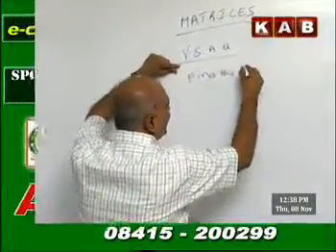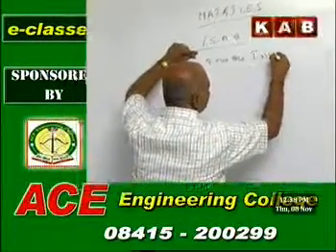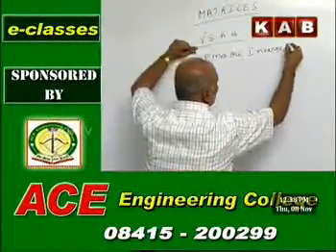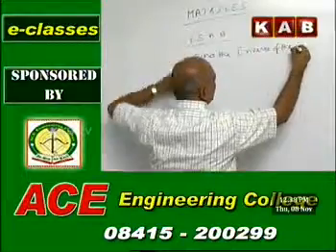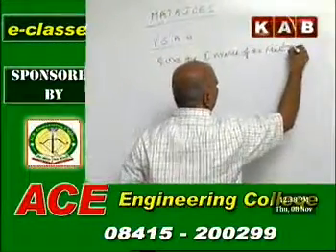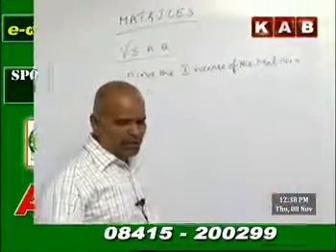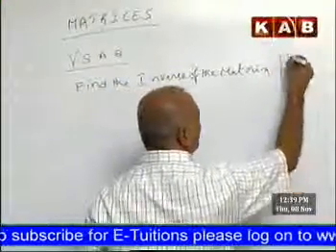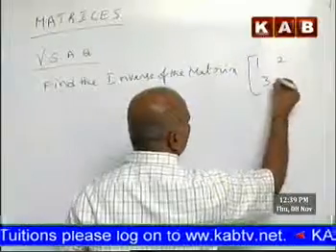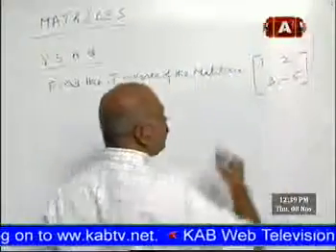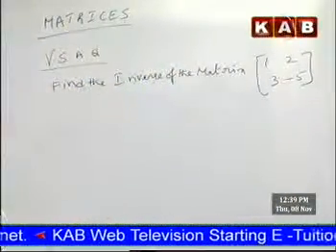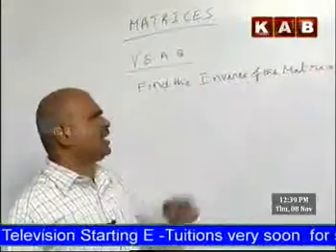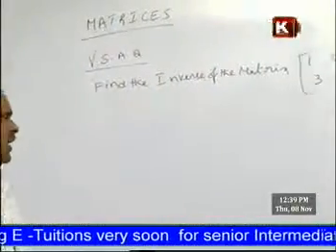Find the inverse of the matrix. They may provide a 2 by 2 matrix, 1 2 3 minus 5. Find the inverse of the matrix 1 2 3 minus 5.